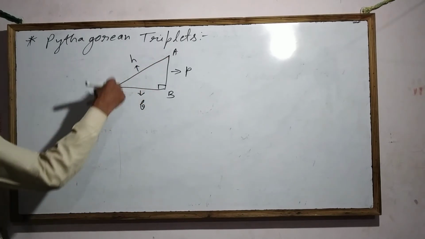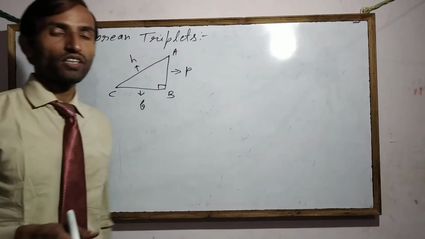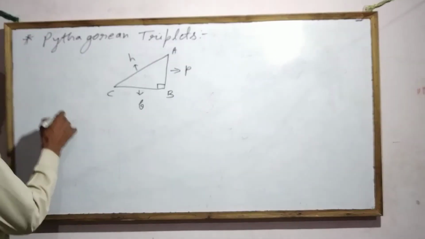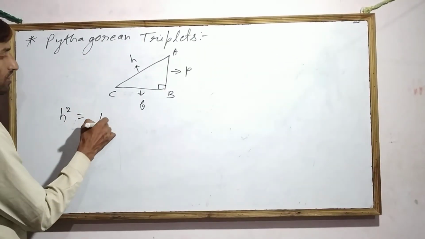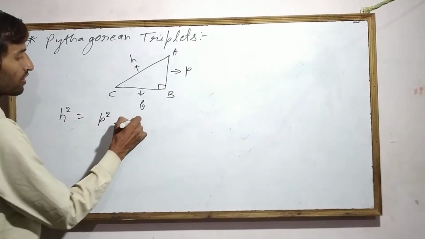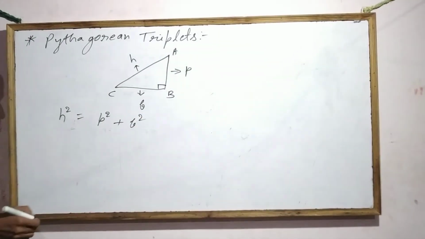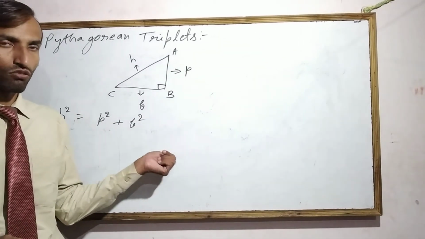There is a proper formula for Pythagoras. Hypotenuse square is equal to perpendicular square plus base square. H square is equal to P square plus B square.